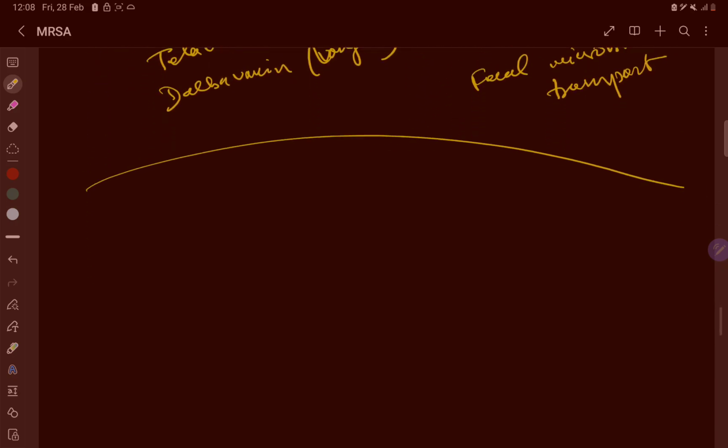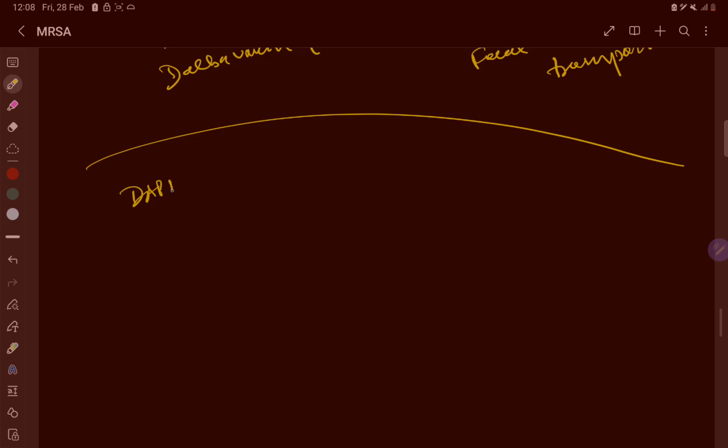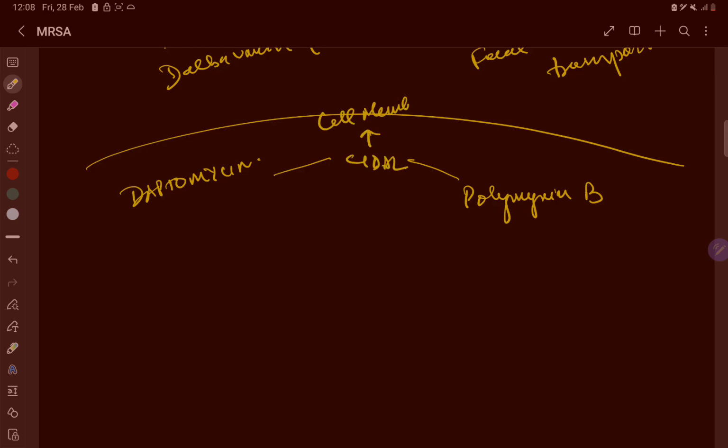There are a few other things I want to discuss over here only. Daptomycin क्या है? Daptomycin या फिर एक polymyxin B. Okay, these are bactericidal drugs. These are cell membrane inhibitors.